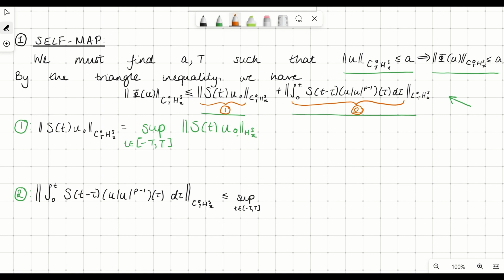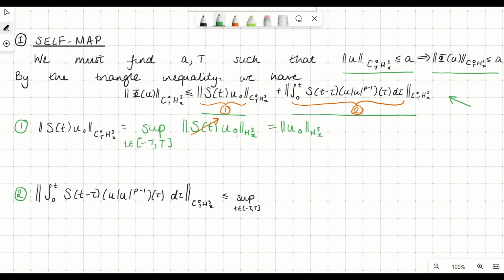And now, since S(t), as I say, is an isometry on H^s, which you can easily check, for instance, by taking the Fourier transform and using the definition of the Sobolev space, this S(t) has no effect. It doesn't change the norm at all. So when we take the supremum over all times, this quantity is independent of time, so we just have the norm of u_0.